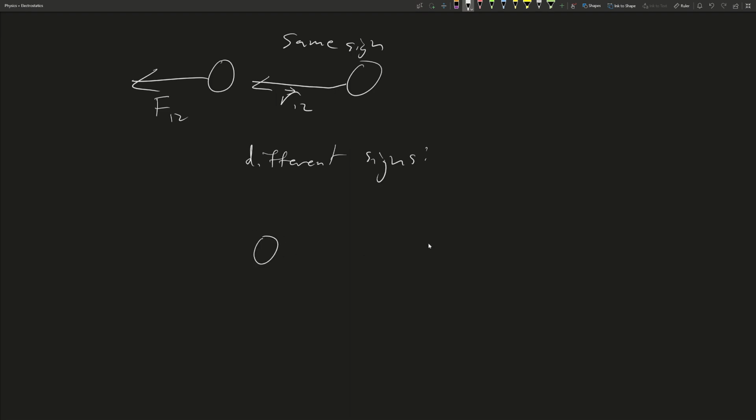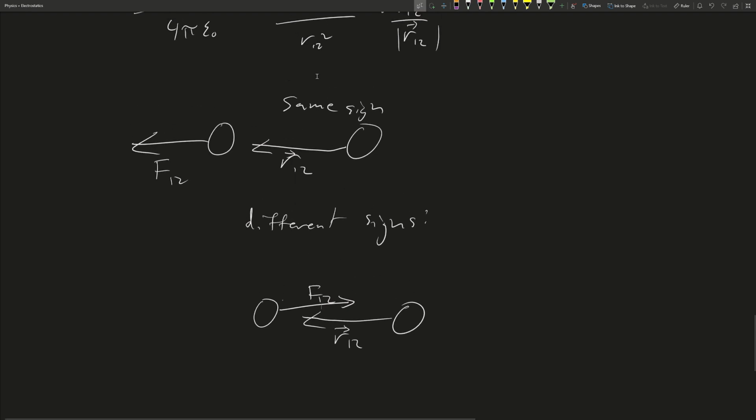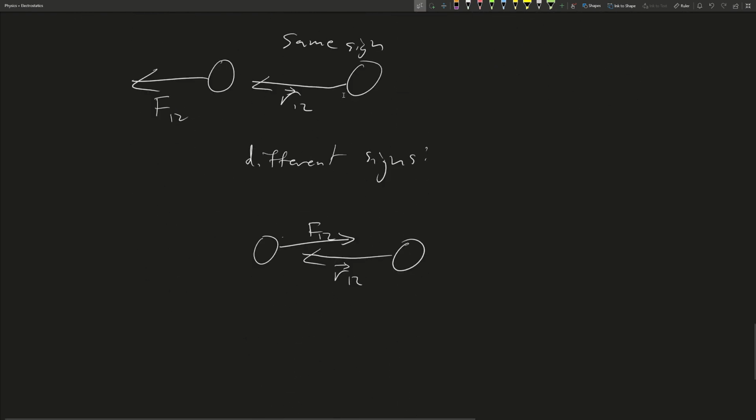And so when they're different signs, the force is going to be in the opposite direction of R1,2, which means that they should be perfectly anti-parallel, in opposite directions, but this means that they get brought closer together. And so it's an attractive force whenever the signs are opposite, and it's a repulsive force whenever the signs are the same.